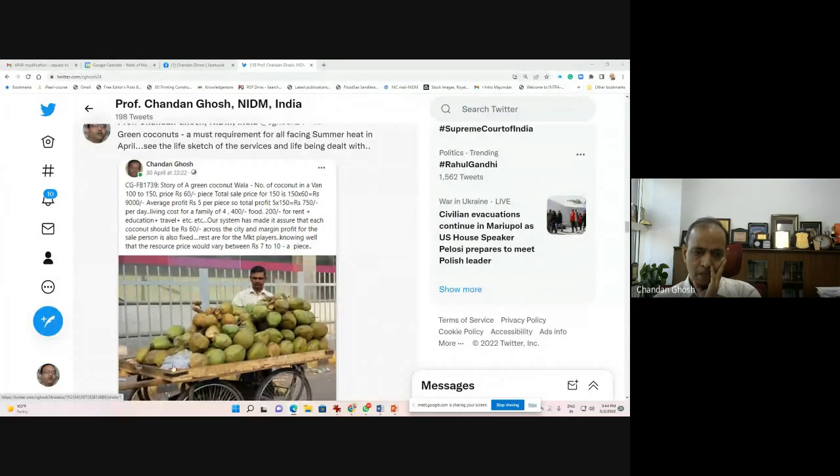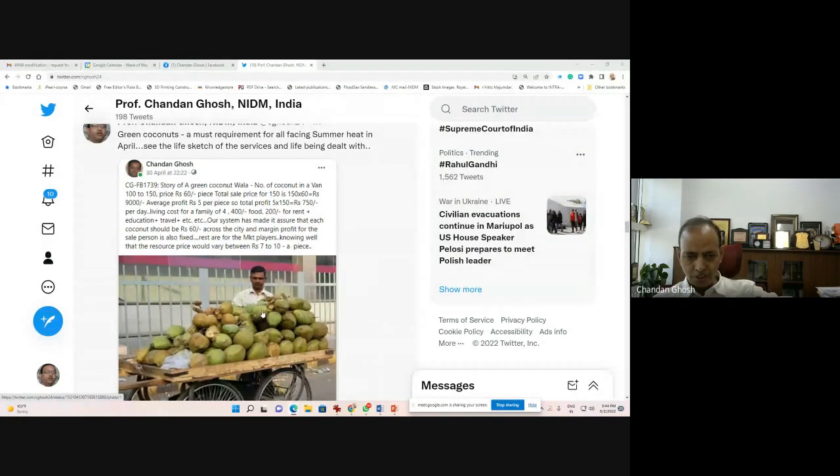So in one layer it is 60. In two layers, of course it will be lesser, so it will be 50, 60, 50, 110. And then you can count here. Maximum number of coconuts in a van, 100 to 150.